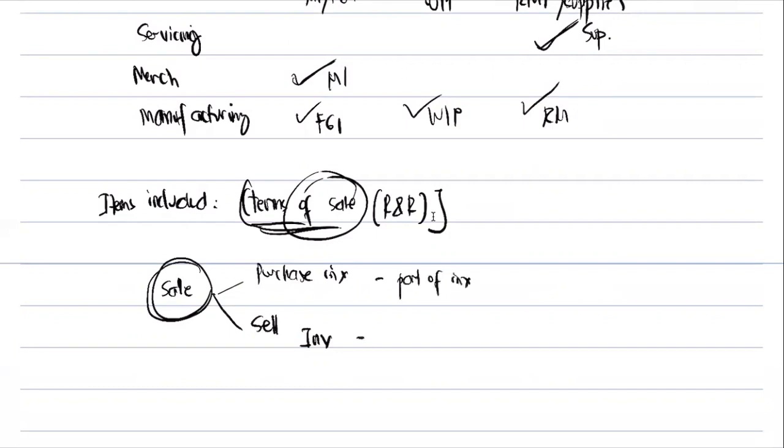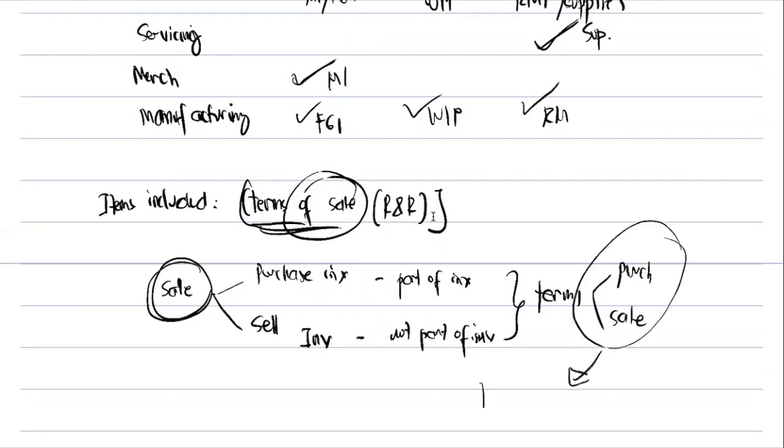And when can we say that the inventory sold is not part of inventory? So we need to examine the different terms as to the purchase and as to the sale, so that we can say the item is really included as part of your inventory.